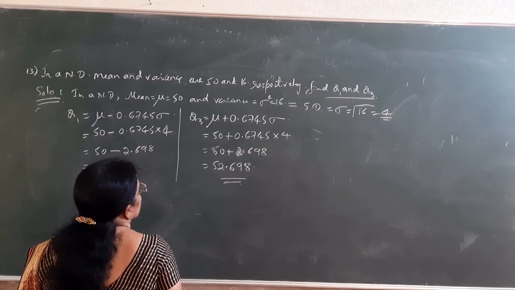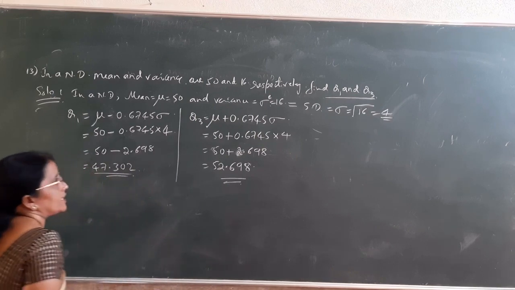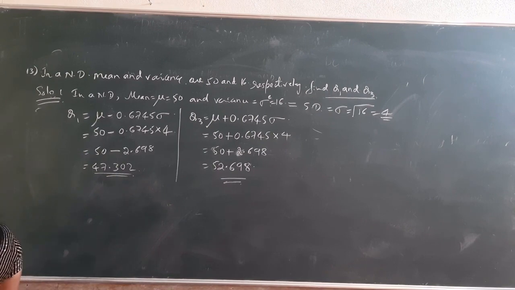Right? This is how to find Q1 and Q3 when mu and sigma are given.